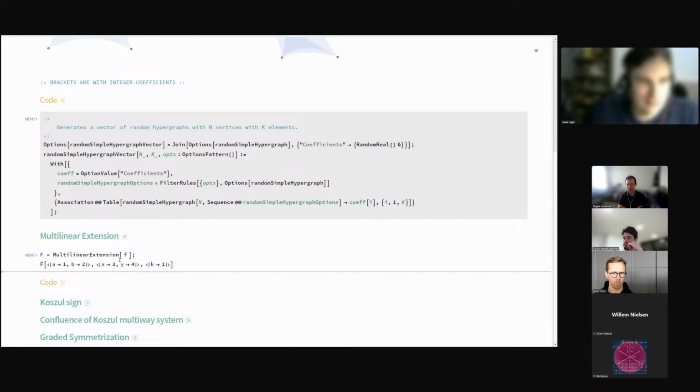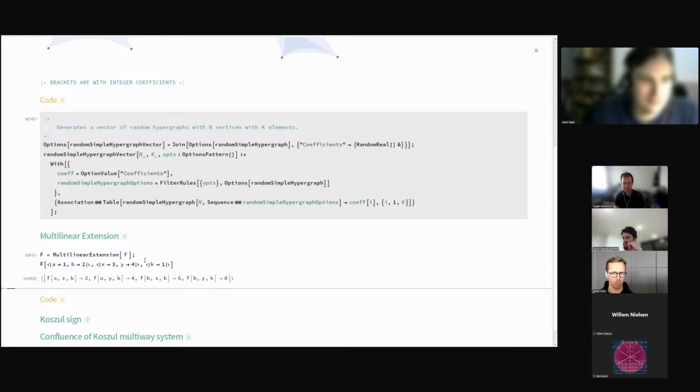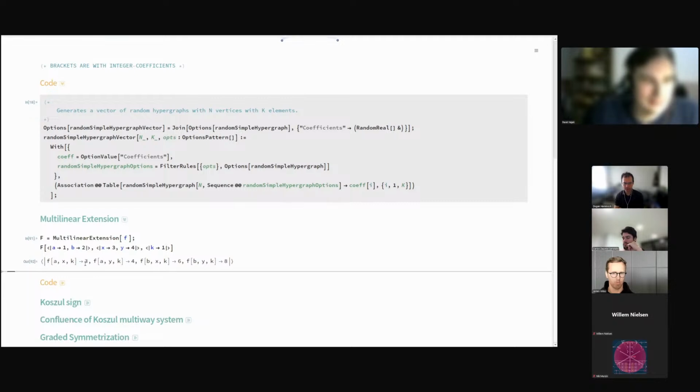If I run this code, you see that the result is the small function f distributed over all these tuples from the inputs with the corresponding coefficients obtained by multiplication. So this is a multilinear extension.